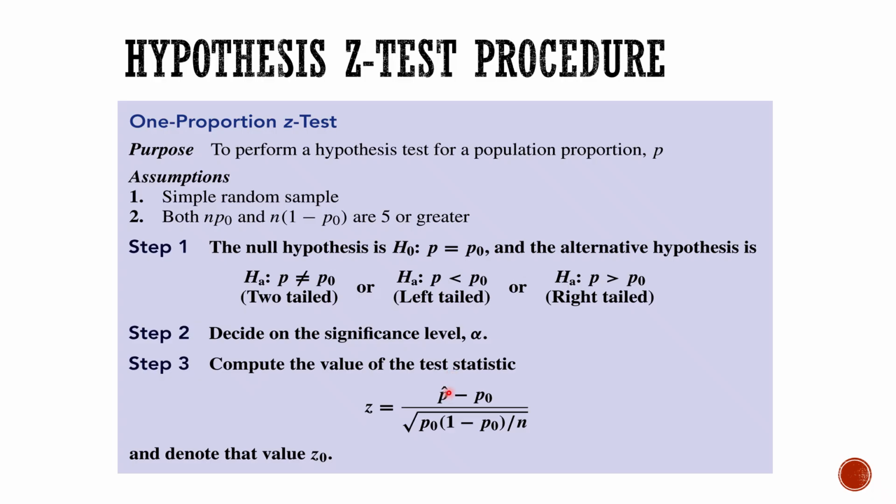So what it's checking is how far the sample proportion that was obtained from the study is off from the null hypothesis proportion in terms of a z-score, divided by square root over p sub 0, again the null hypothesis proportion, times 1 minus p sub 0 divided by n.